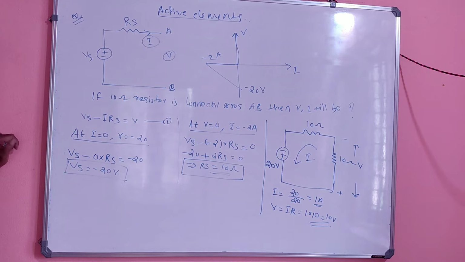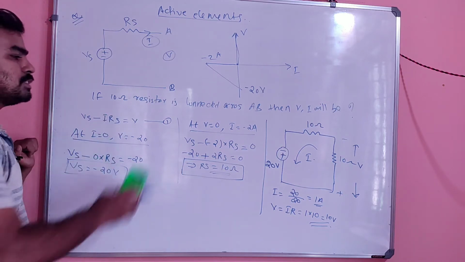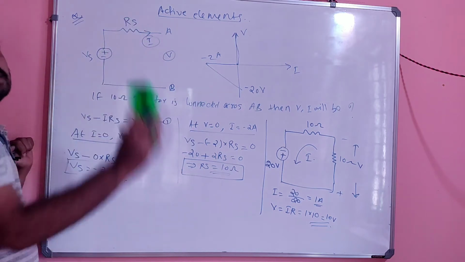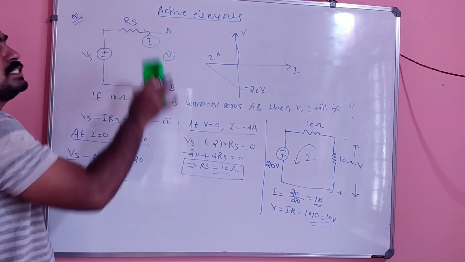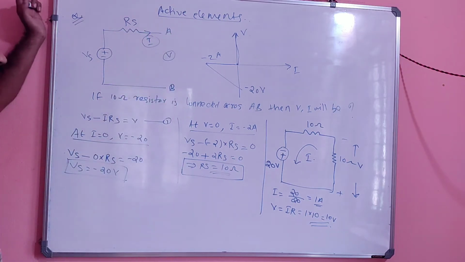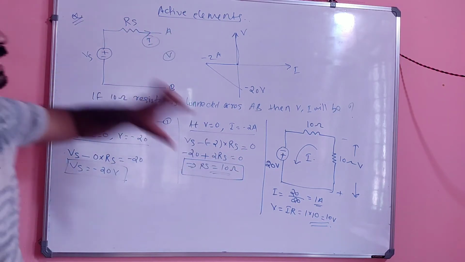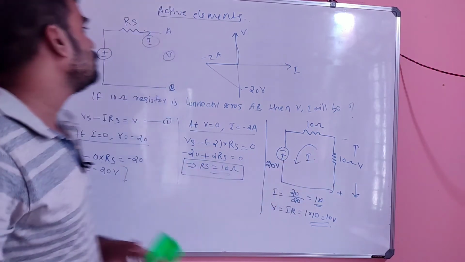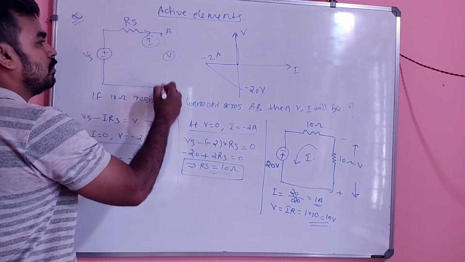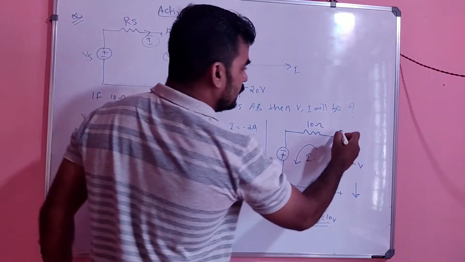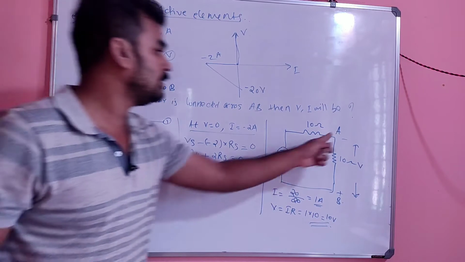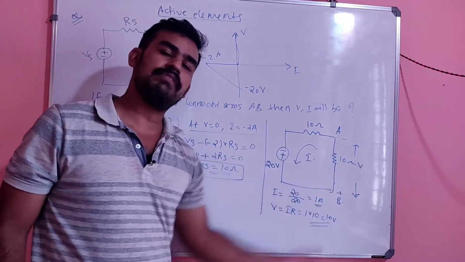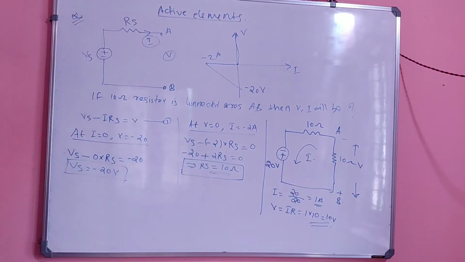We did it step by step, applying the conditions first and then looking back at the question: a 10 ohm resistor connected in series across the branch AB, so redraw the figure. The voltage V is the terminal voltage AB, with terminal A here and terminal B here.